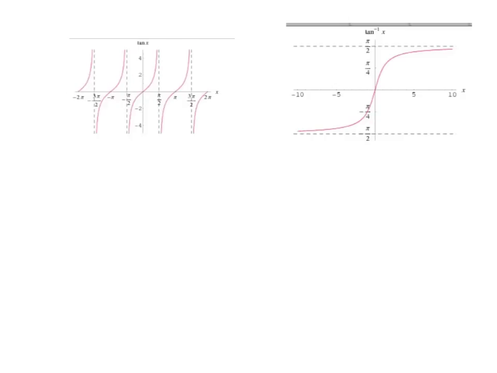So to make it a function, once again, we are going to restrict the domain to between negative pi over 2 and pi over 2. So we're keeping it right around the origin. We are just looking at this period, this pi period right here, either side of the origin.